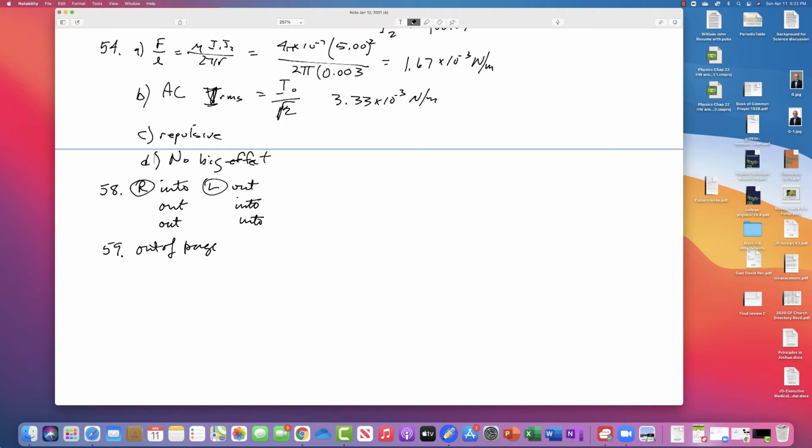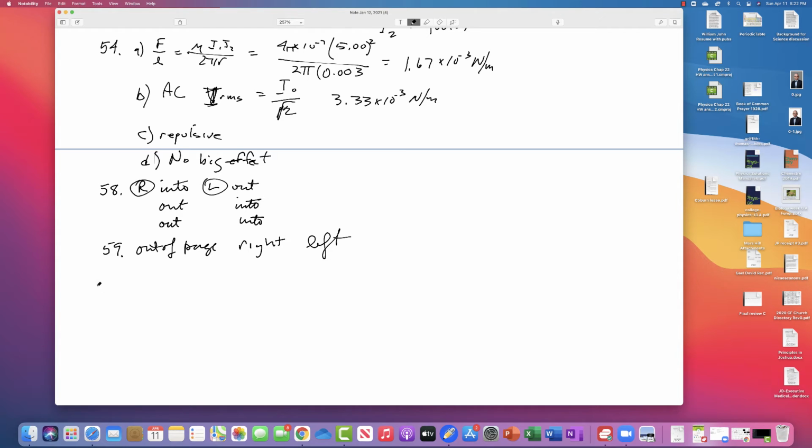The second one, you have to kind of turn your hand backwards because your fingers should be pointing right at you, which means your thumb is directed to the right. And then C is the opposite, so your thumb is directed to the left. So the first one is to the right, and the last one is to the left.